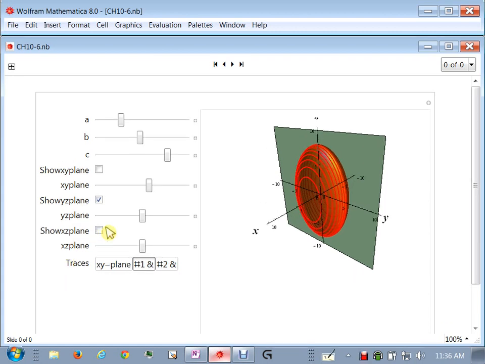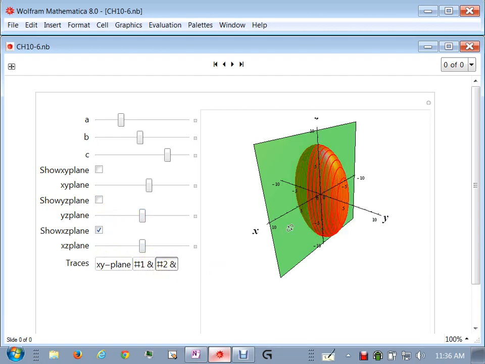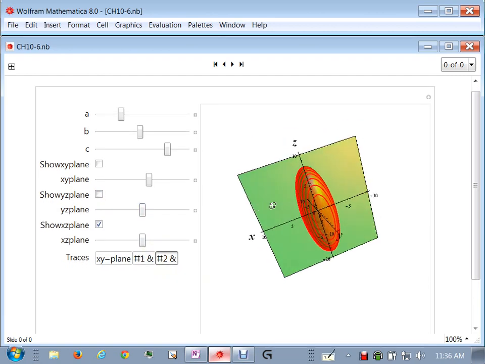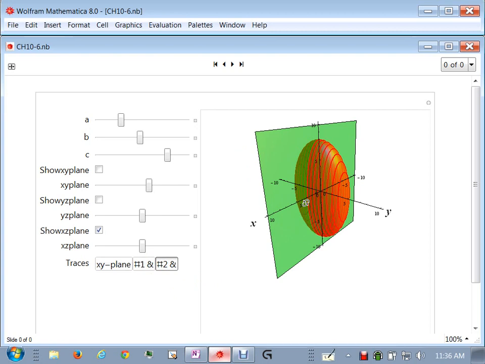And if I cut it with the other plane, we have ellipses this way. So any way you cut an ellipsoid, you get an ellipse. Now when I say any way you cut it, you have to cut it with one of those coordinate planes or something parallel to it.